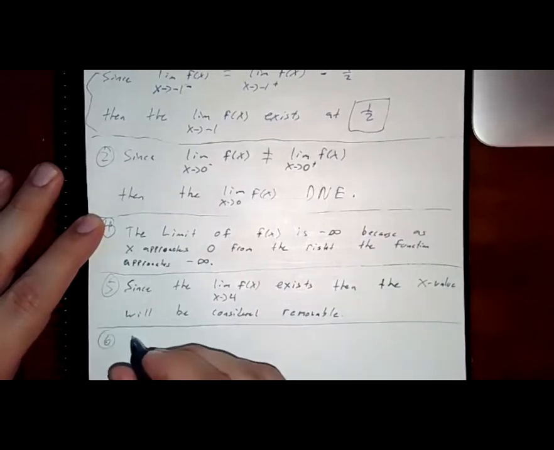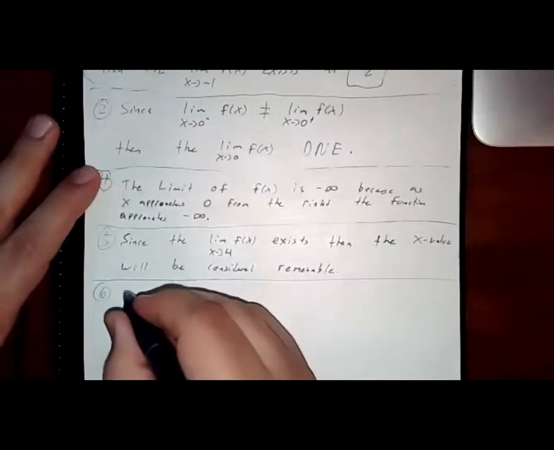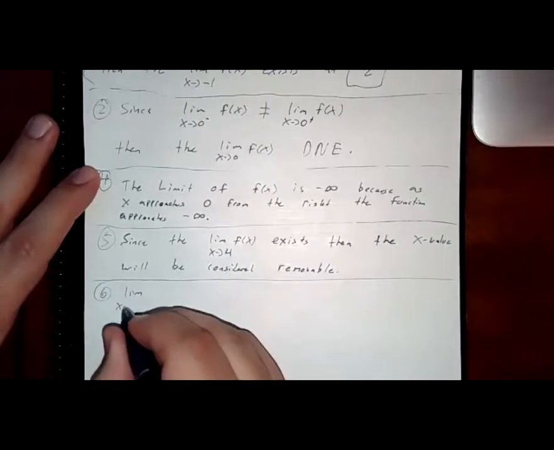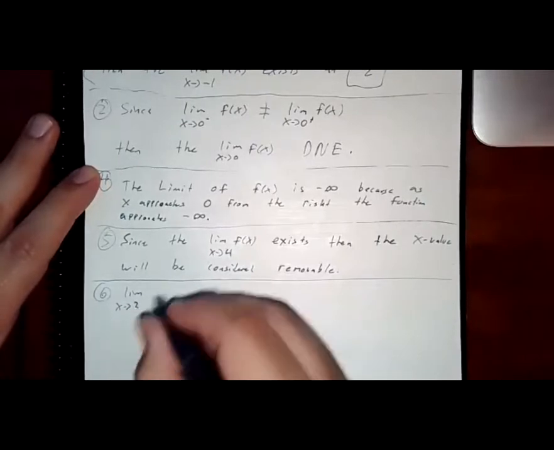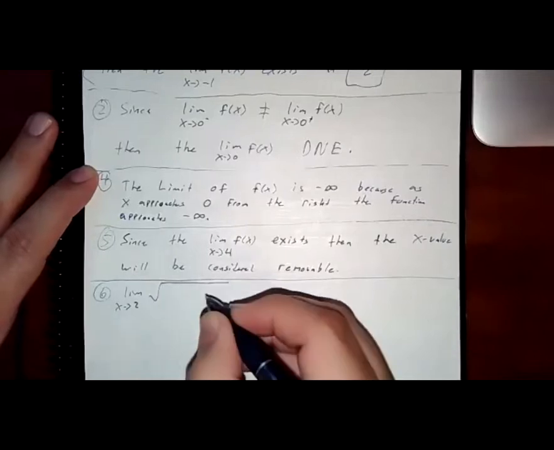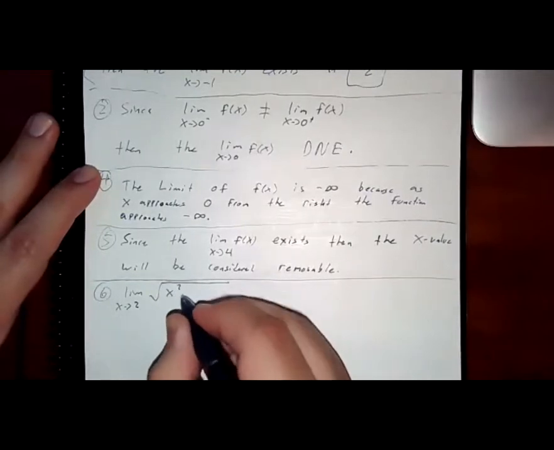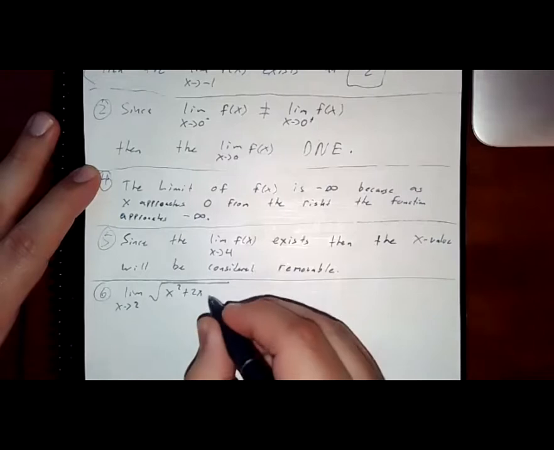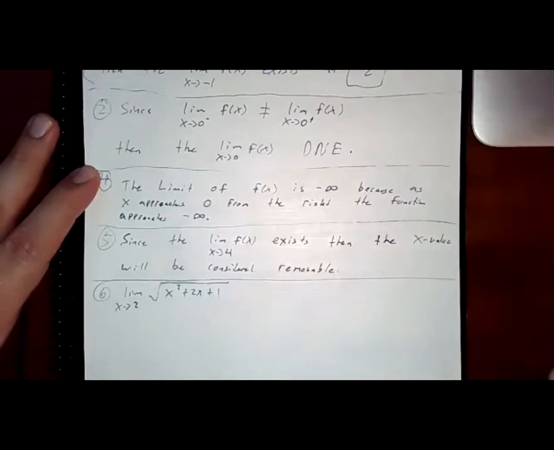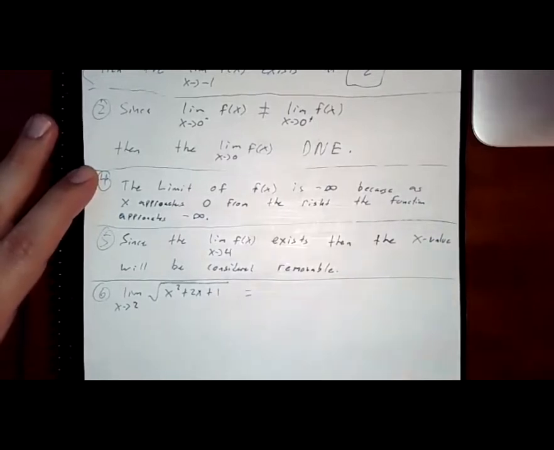So let's do it. The limit as x approaches 2 of the square root of x squared plus 2x plus 1. You literally plug it in.